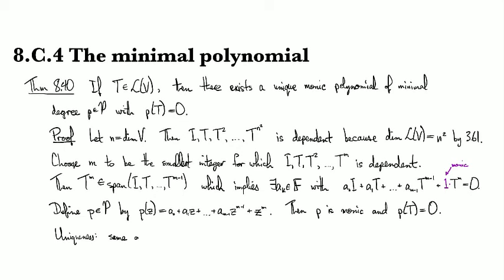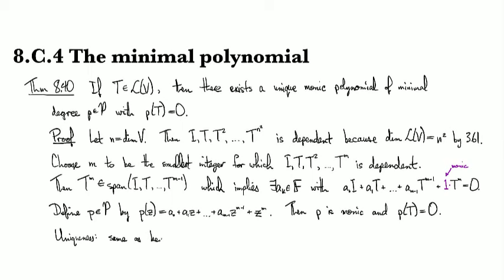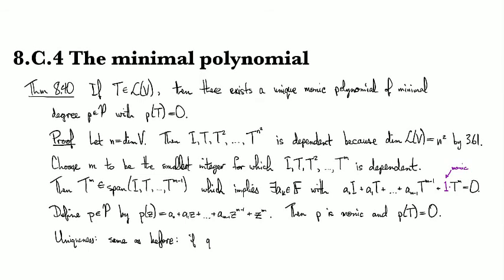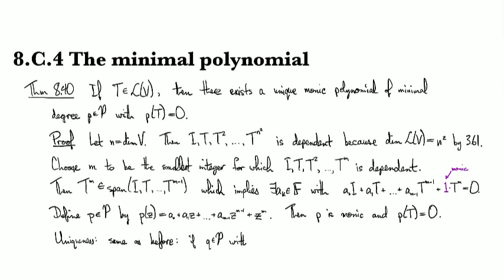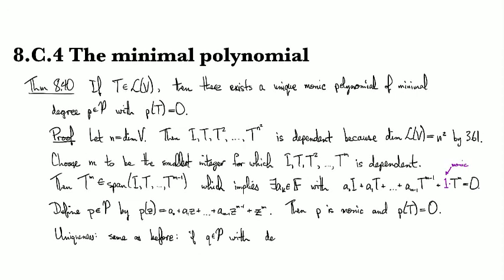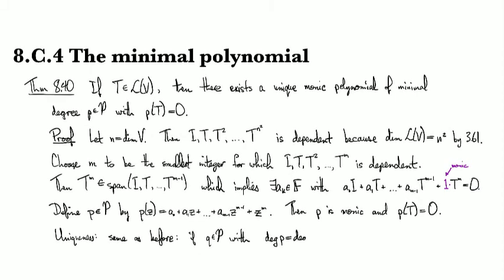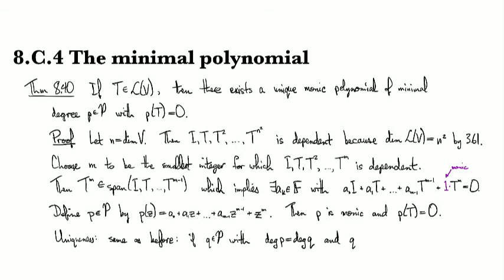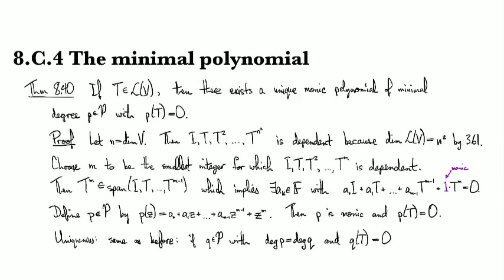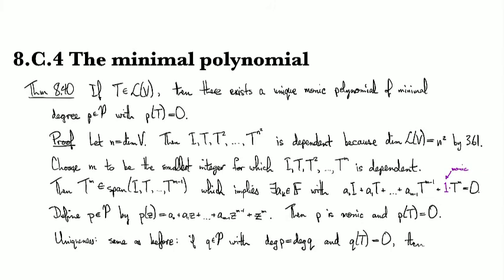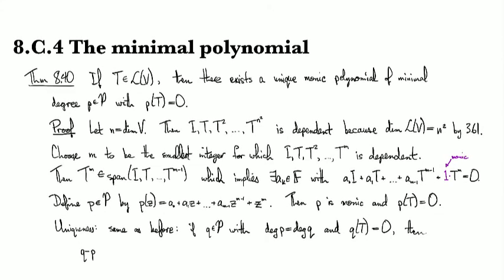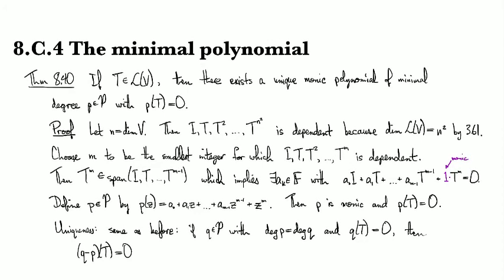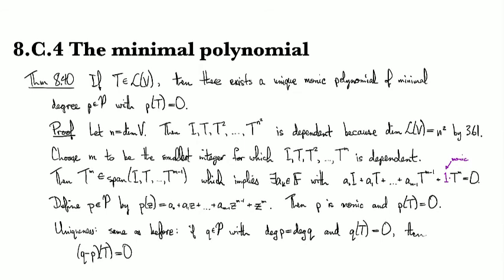For uniqueness, we do the same as before. So namely, if there's some other polynomial with same degree that vanishes on T, then q minus p, by the definition of q minus p, is also going to be equal to 0.